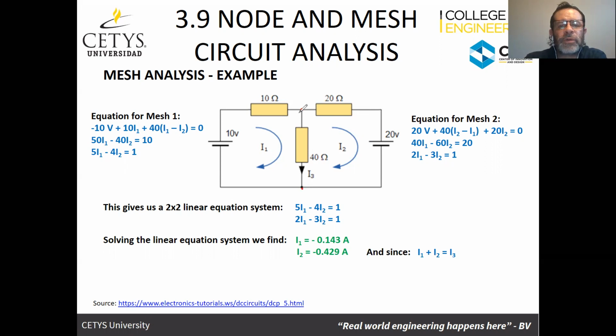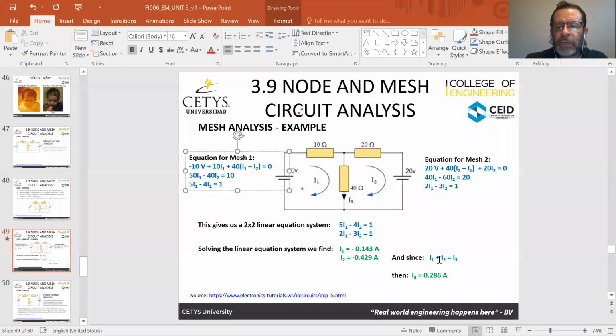If we identify these two nodes, we know that I1 plus I2 is going to be equal to I3. And so that's going to give us the following expression, meaning that I3 is going to be 0.2886. Okay, well, actually, let me correct that. Oh, I've got a mistake here. Let me correct that quickly.